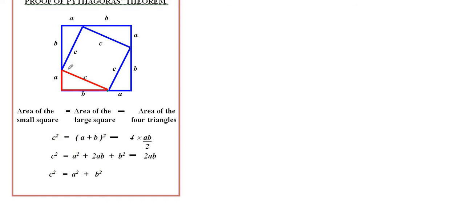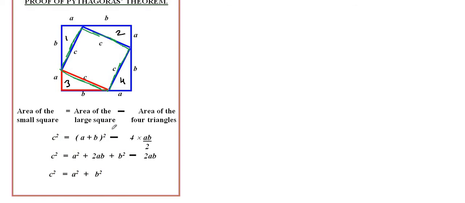So the area of the small square, which is the green square inside, is equal to the area of the large square, which is that blue square, minus the area of the 4 triangles. So we're going to subtract these 4 triangles.